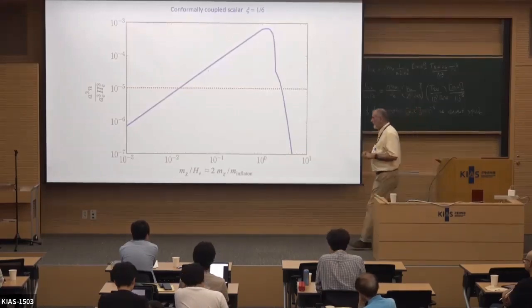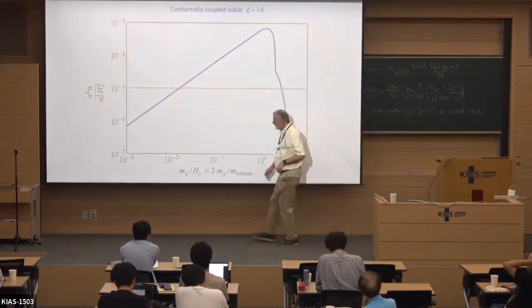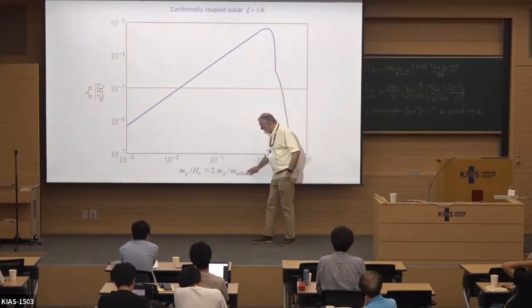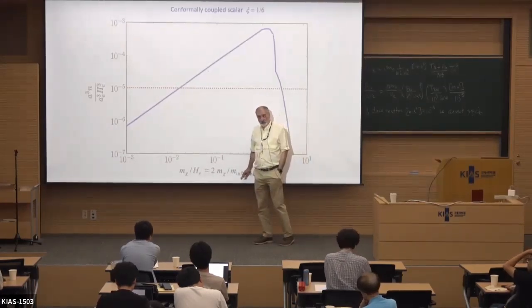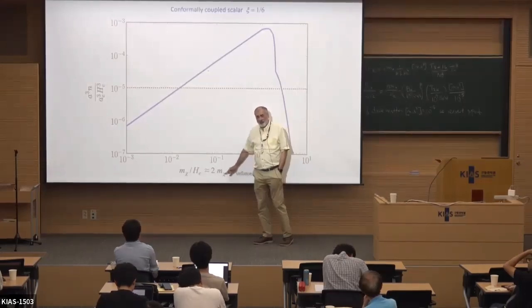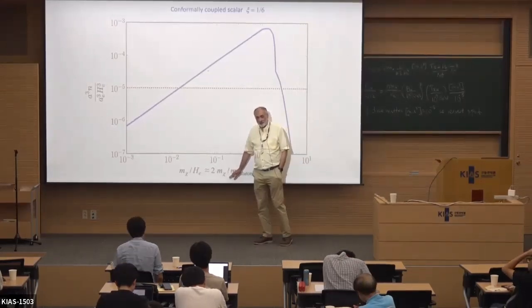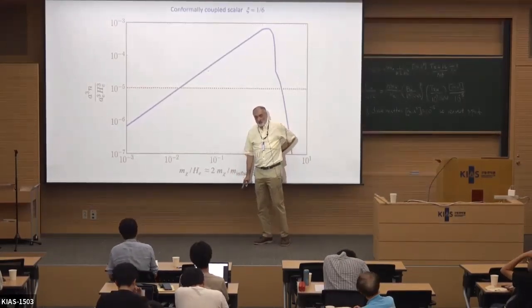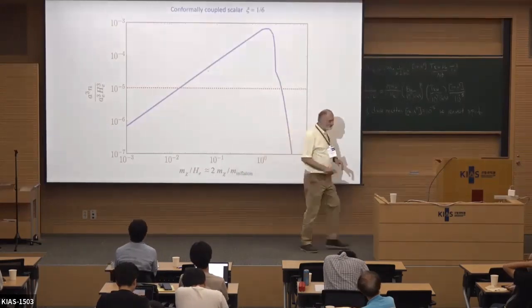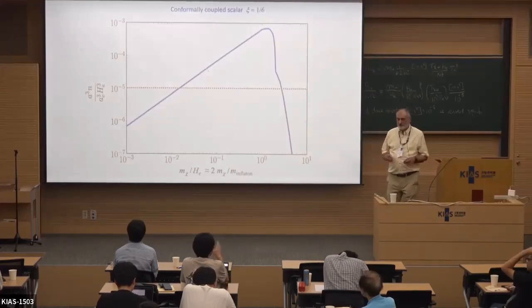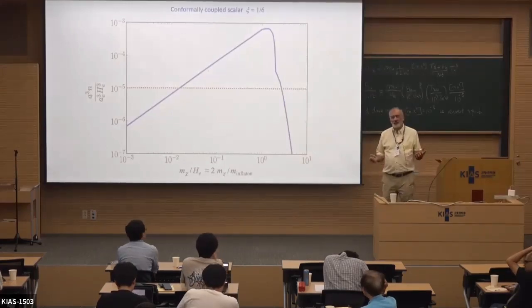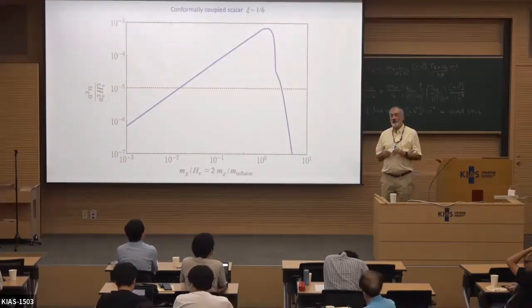And this relation, that HE is related to inflaton mass over 2, is true in quadratic inflation. There might be a factor of 10 or 20 or so with other models of inflation. We don't know what it is.